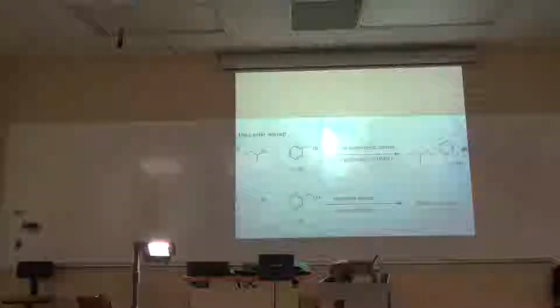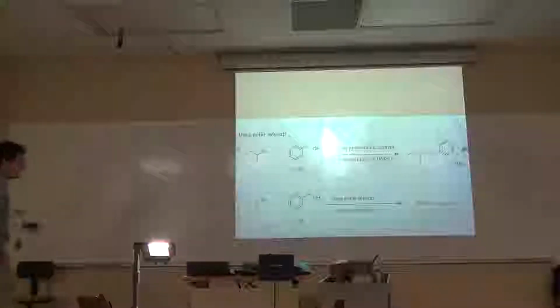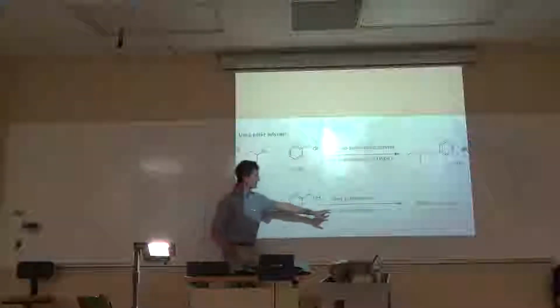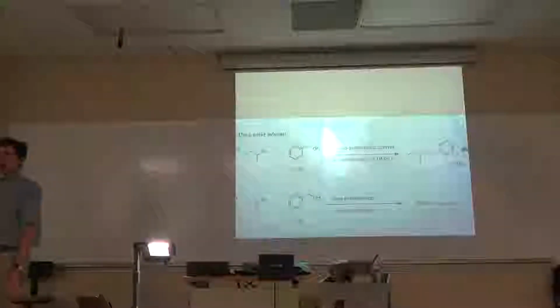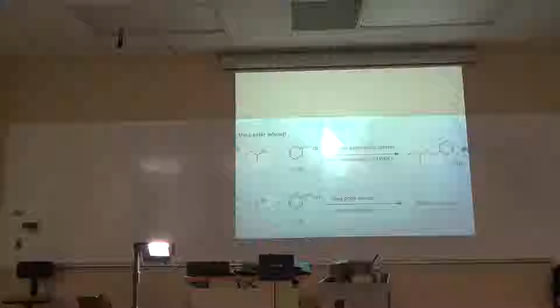Polar solvent. Number 2 is use a polar solvent, okay? You use a polar solvent, that reaction is going to take place. If you use a nonpolar solvent such as hexane, pentane, cyclohexane, those are classical nonpolar solvents, that reaction ain't going to work.